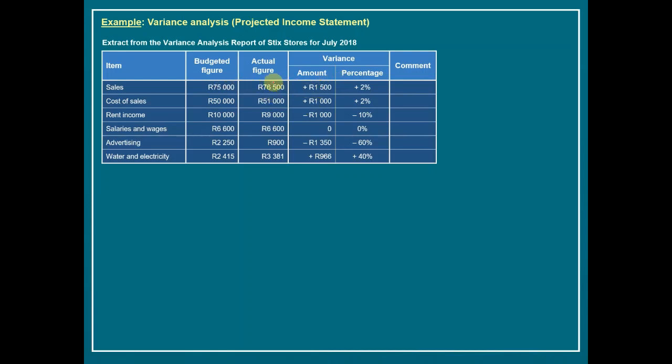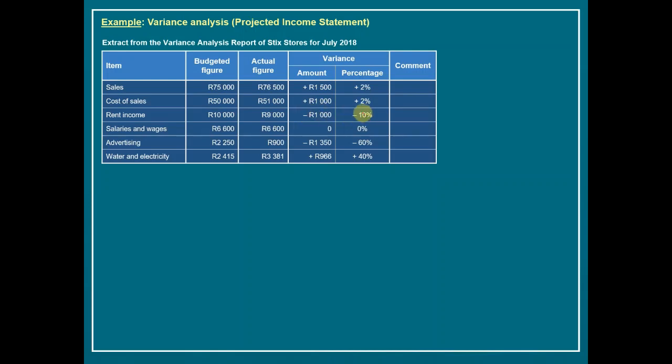For example, 76,500 minus 75,000 is 1,500. And then 51,000 minus 50,000 is 1,000. 9,000 minus 10,000 is negative 1,000.